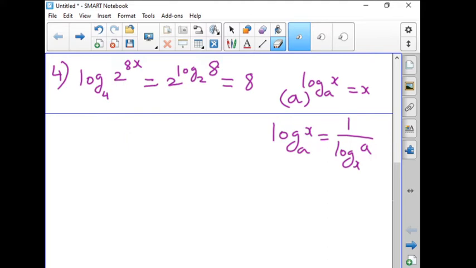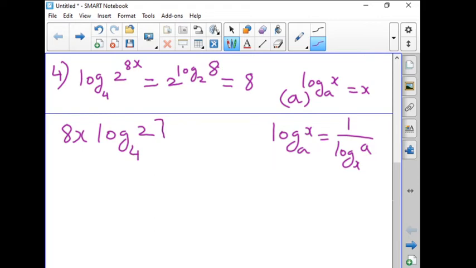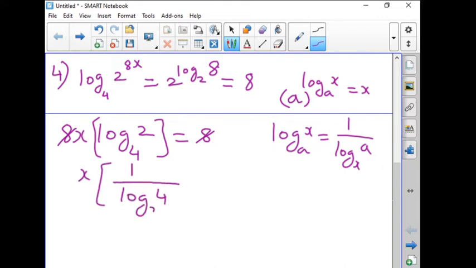Using the power rule, we write this as 8x into log 2 to the base 4 is equal to 8. Now both the sides we are having 8, so 8 gets cancelled, and this log 2 to the base 4 we can also write as 1 by log 4 to the base 2.